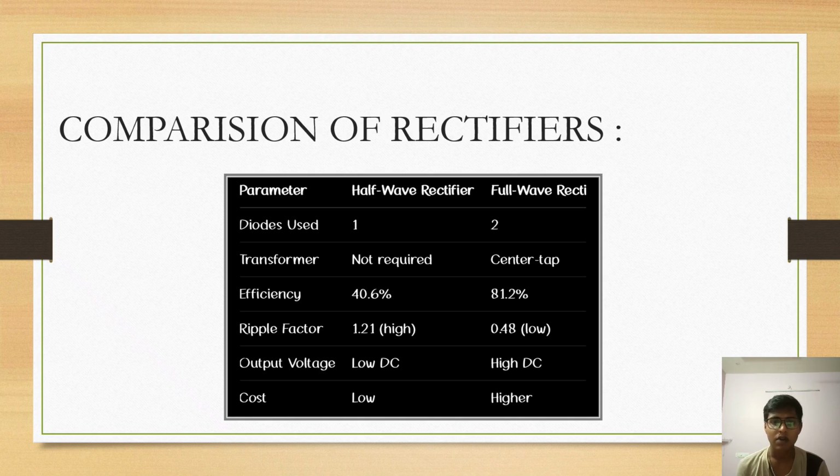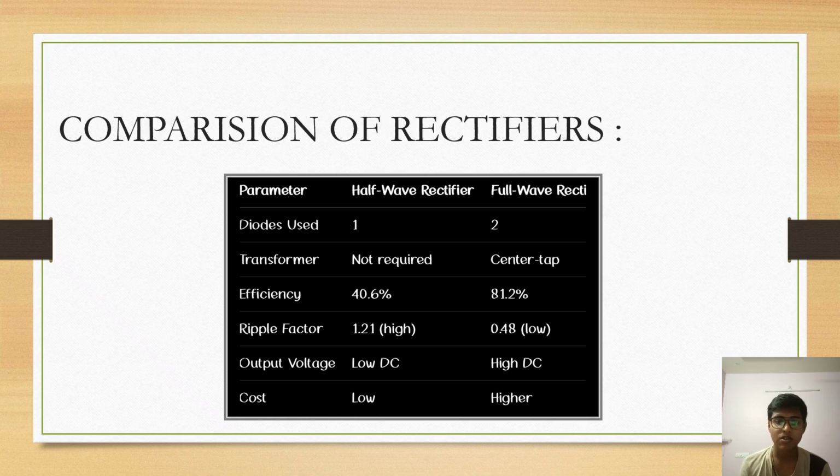Efficiency is about 40.6% for half wave and 81.2% for full wave, which is twice that.